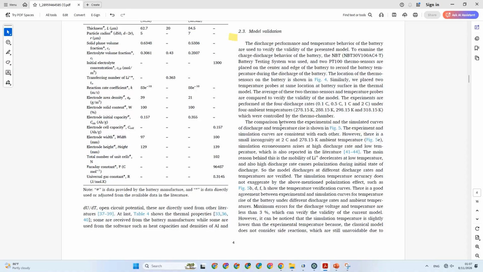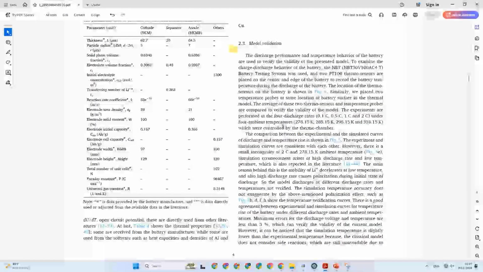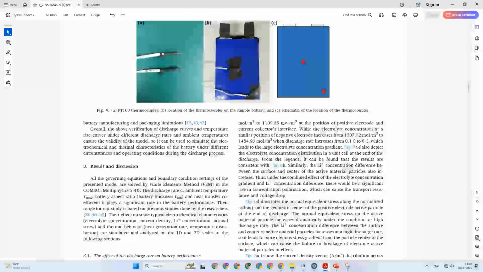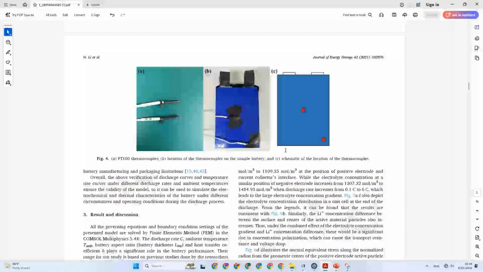This is just result. And we can leave this section. We can skip this section and go to the next part.